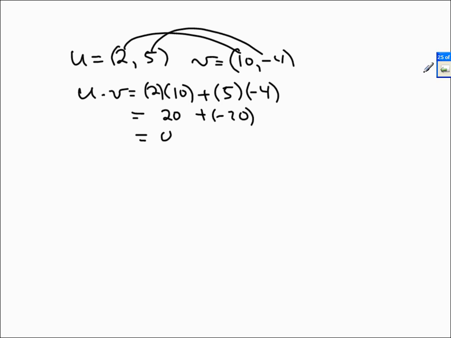Oh, u dot v is 0. Hence, u is orthogonal to v. u and v are perpendicular. If the dot product of u and v, and note u is not the zero vector and v is not the zero vector, equals the real number 0, then u and v are perpendicular.